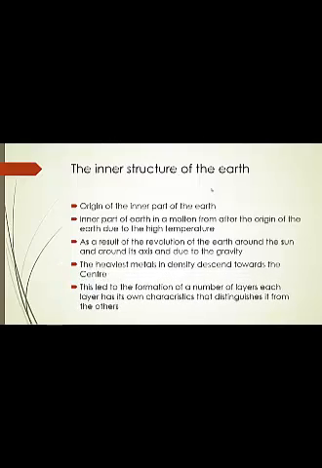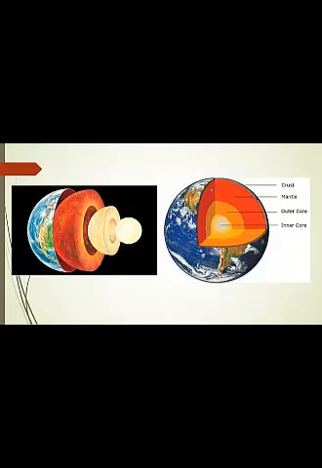This leads to the formation of a number of layers, and each layer has its own characteristics that distinguish it from the other layers. The layers, as shown in the figure, are the inner core, after it the outer core, the mantle, and finally the Earth's crust.